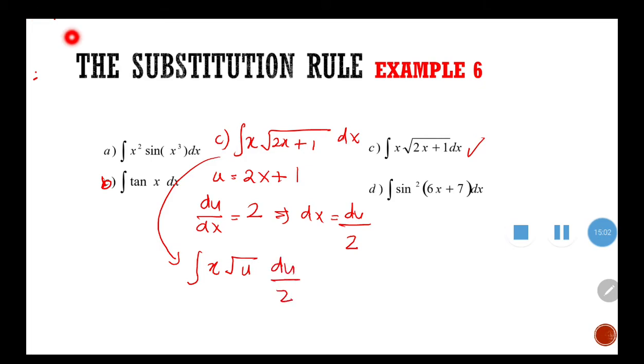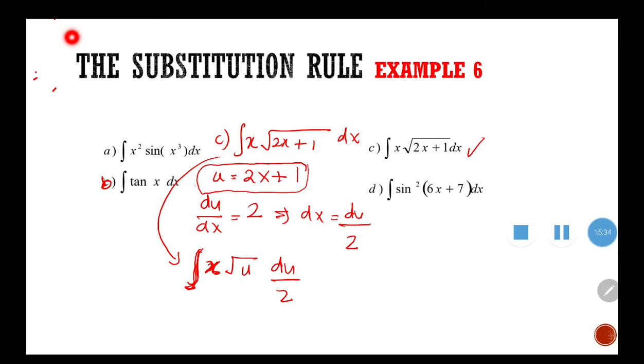Seems that now there's nothing that you can cancel with this x because your dx is just du over 2. So how can we proceed with integration like this? Big no. You can't proceed as long as x is still inside. So how can we transform this x into the form of u? Look back at the function that we let just now: u is equals to 2x plus 1.